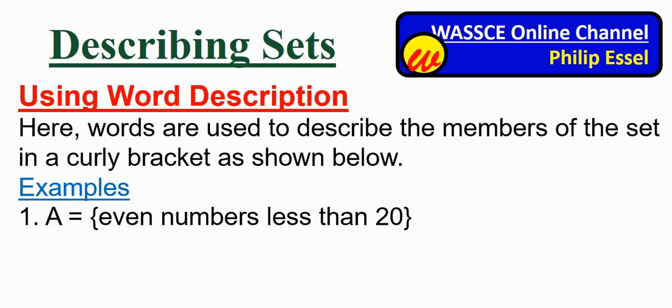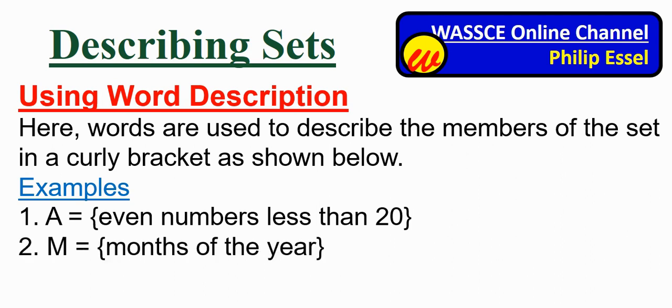So A has members that are even numbers which are also less than 20. And I believe you know even numbers. And if we are asked to list all the even numbers that are less than 20, we can list them in this curly bracket of the set A. Example 2 shows the set M. And the set M is being described as the months of the year.